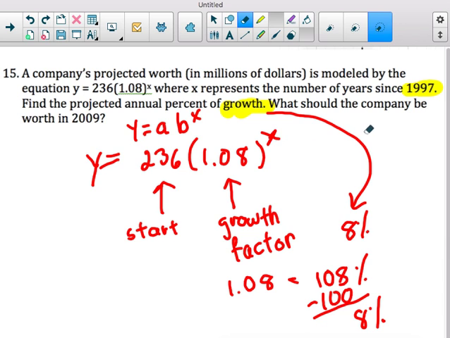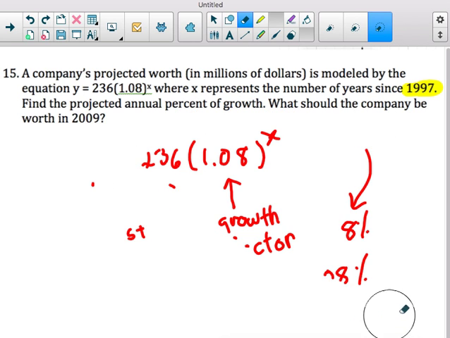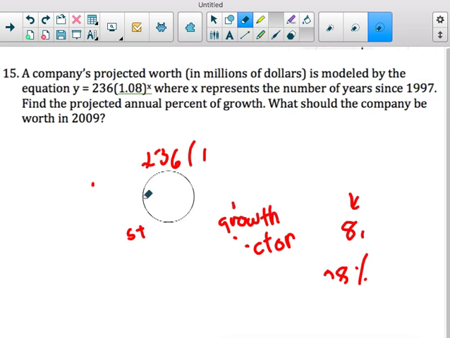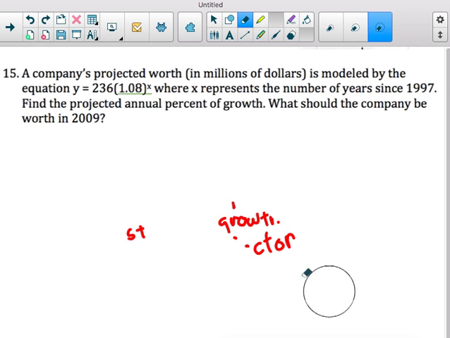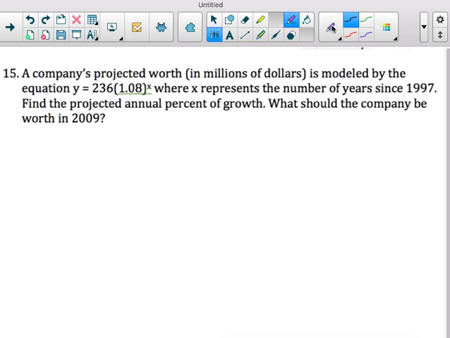All right, well, let's think about 2009. So we're starting, of course, in 1997.